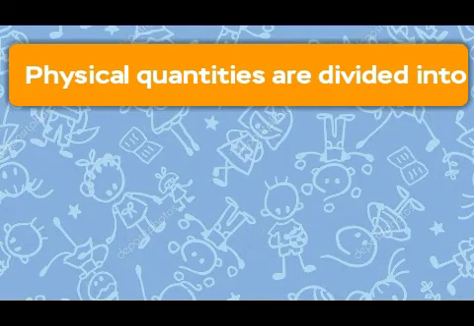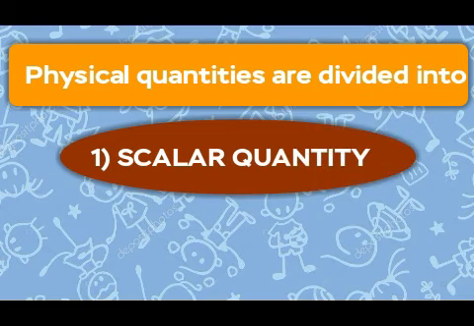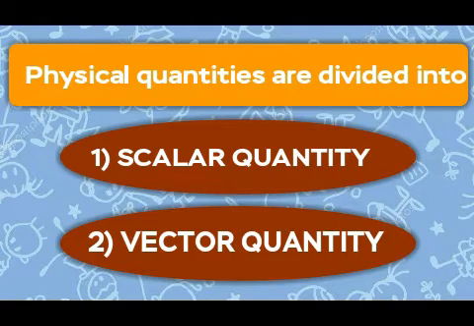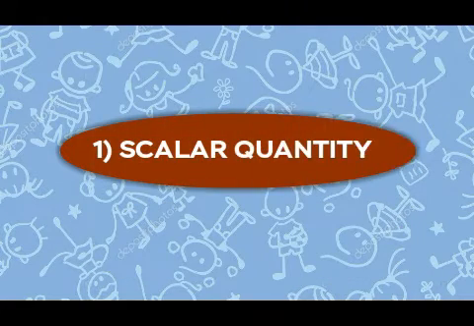Physical quantities are divided into scalar quantities and vector quantities. Now, what is scalar quantity? A physical quantity having only magnitude is called scalar quantity. Again, I am repeating, a physical quantity having only magnitude is called scalar quantity.